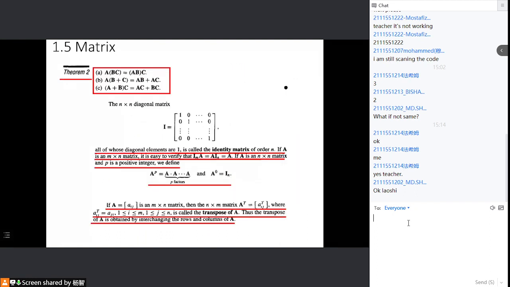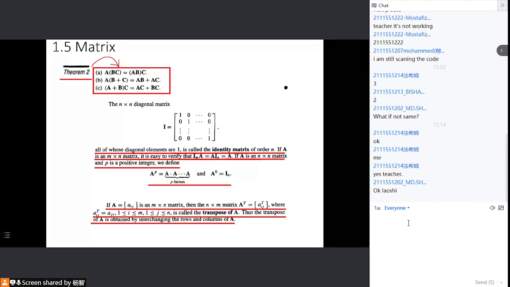Okay, so we can also get some theorems or properties of the operation on the product of matrices.